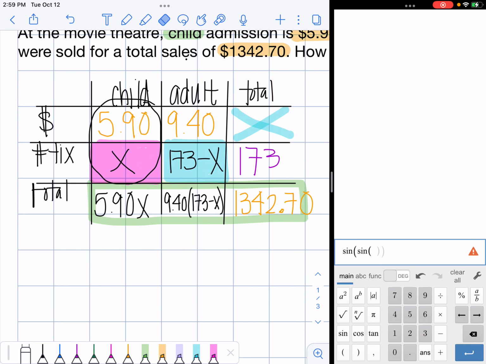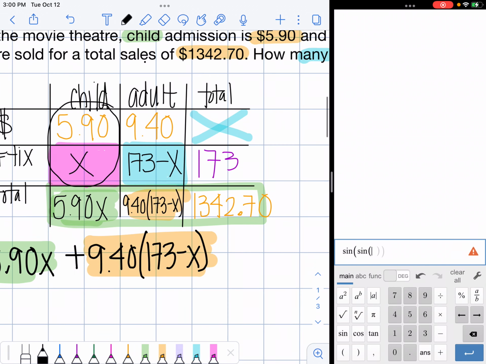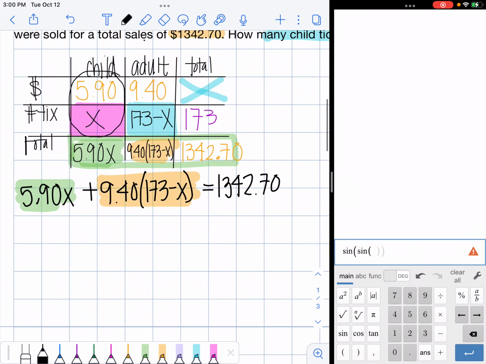So we are at $5.90 times X plus $9.40 times (173 minus X), because this price right here is the total cost for all my child tickets. This price right here is the total cost for all my adult tickets. So when I add them together, it better be my total sales, which is $1342.70.